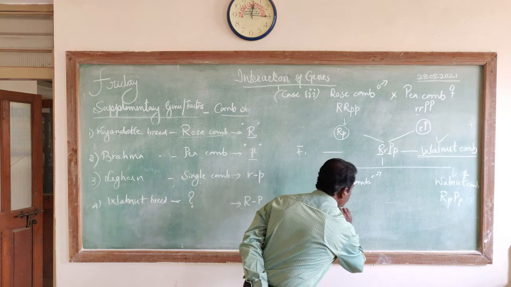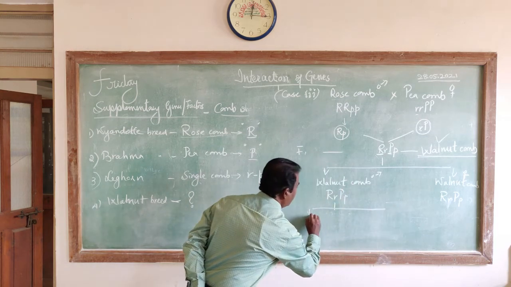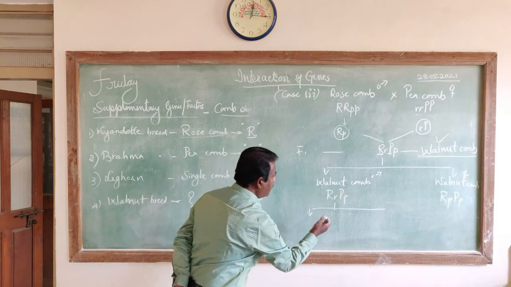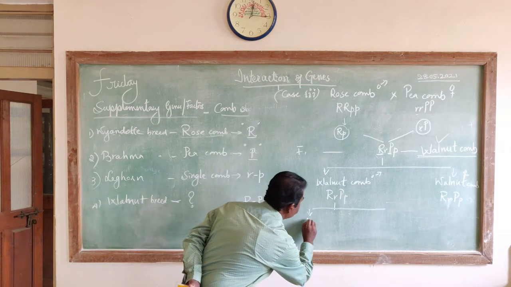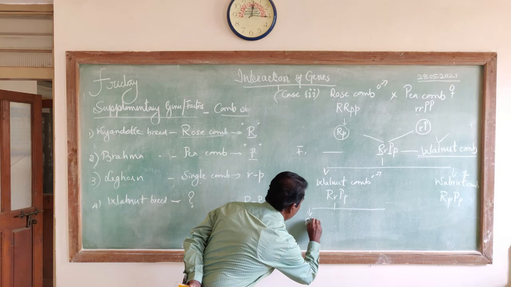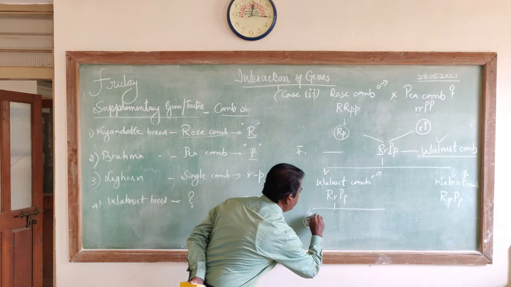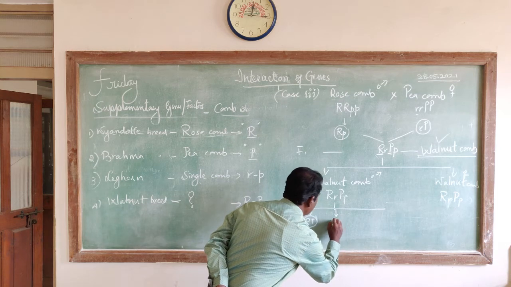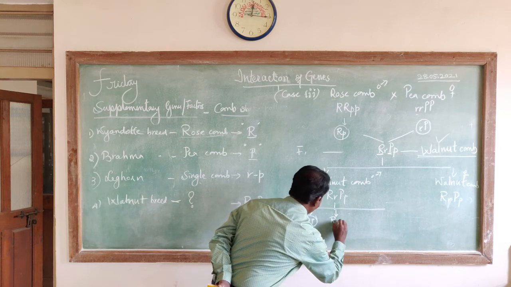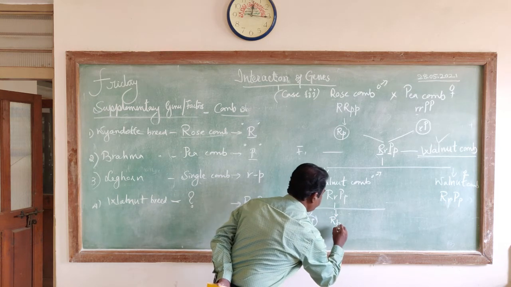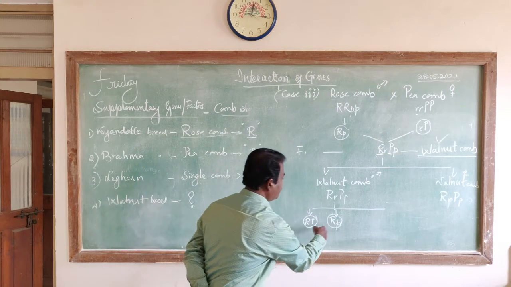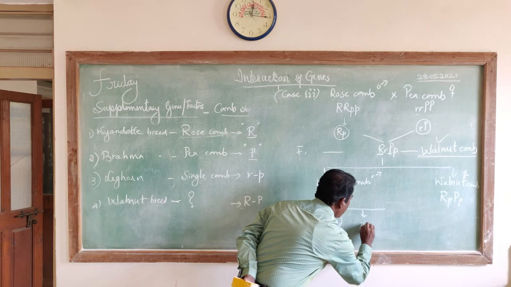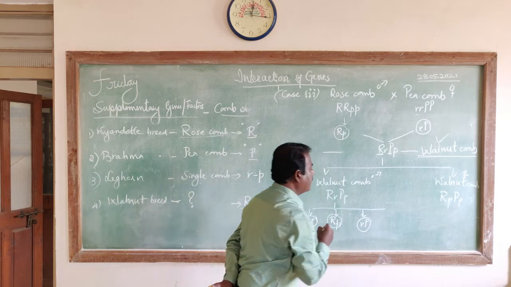Let's see what possible combinations of alleles we get. Here 1/4 of the sperm produced by the walnut-comb male fowl is capital R, capital P. This is one possible combination. Another 1/4 set of sperms carries genotype capital R, small p. Then small r, capital P is another allelic combination.